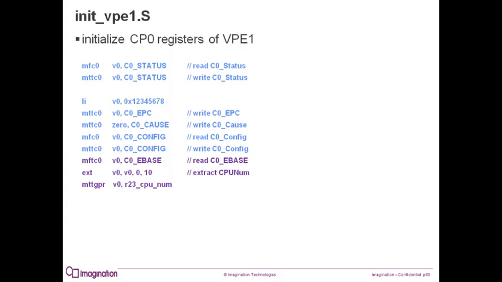The code then initializes GPR23 of VPE1 to the core number it is on. It does this by reading the eBase register and extracting the CPU num field. It then copies the CPU num to the TC's GPR23.